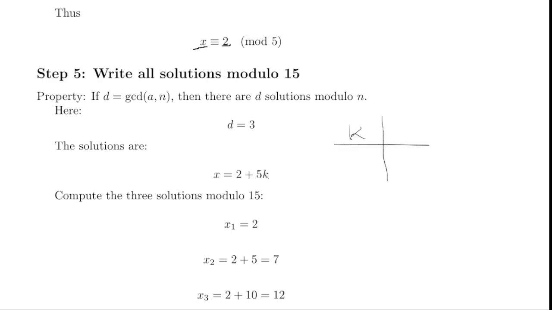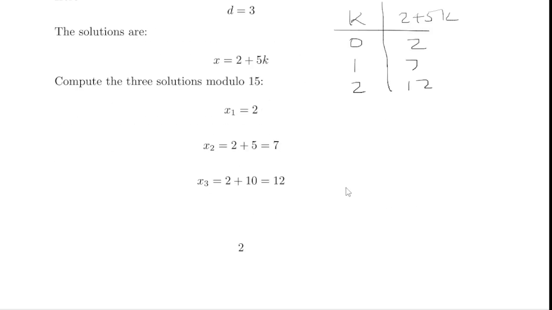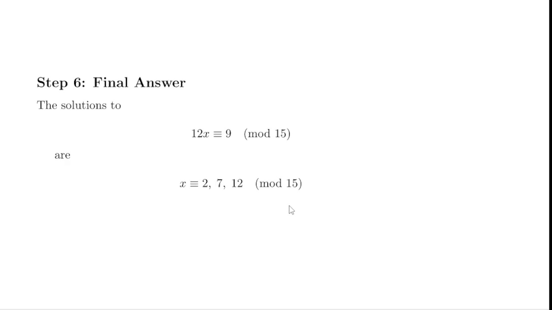Let's say if k is 0, 2 plus 5k turns into 2. If k is 1, we get 7. And k is 2, we get 12. Now k equals 3 will give us 17, which is greater than 15. So we'll stop right there. So we know that x is going to be congruent to 2 mod 15, 7 mod 15, and 12 mod 15. And so that's going to be our final answer.